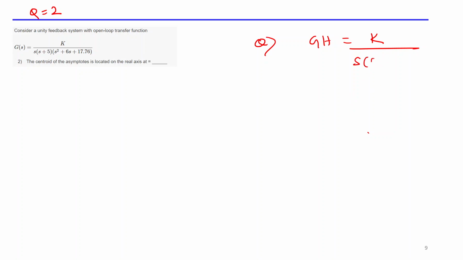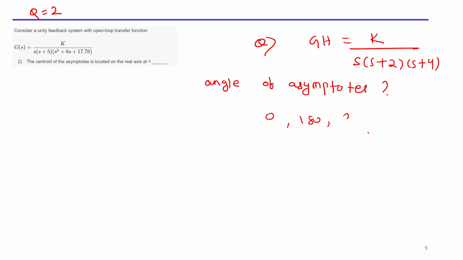Let me give an example like this: GH equals something with factors s plus 2 into s plus 4. Next, tell me what are the angles of asymptotes? 0, 180 and 330.